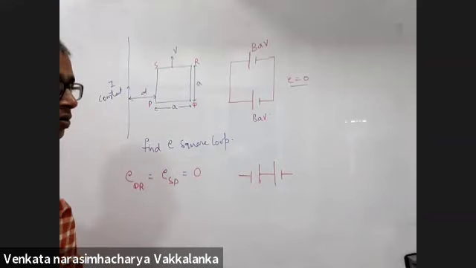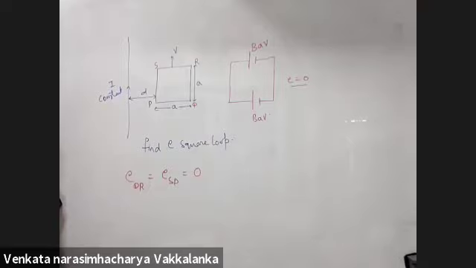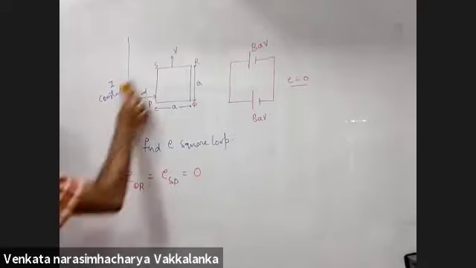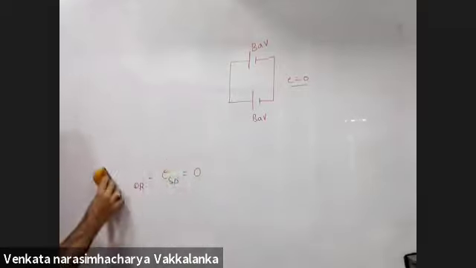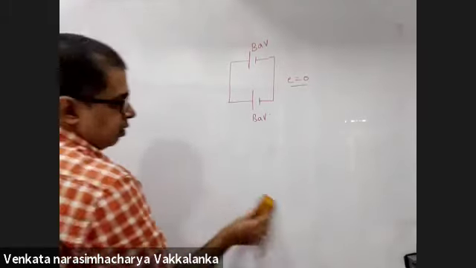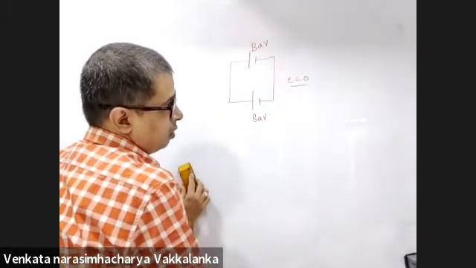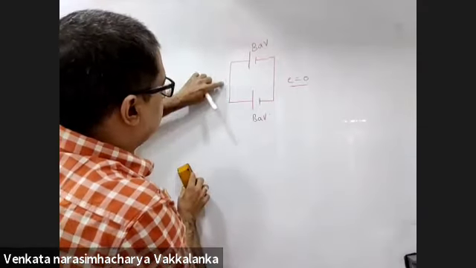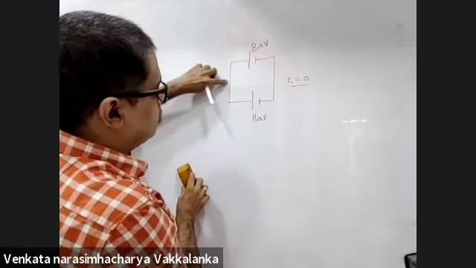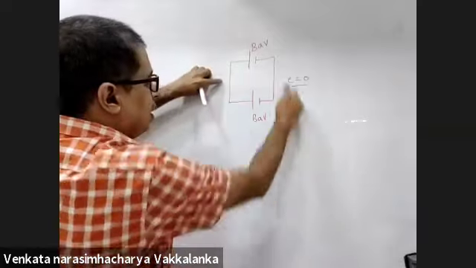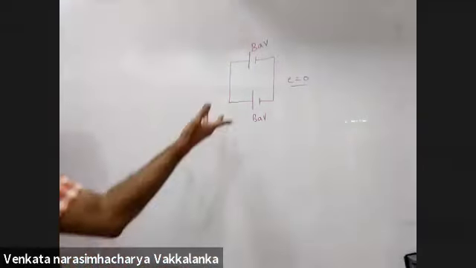Positive connected to positive. Got it. But this does not seem like two batteries in parallel. That means a resistance should be kept parallel to this. Got it. Keep a branch like this in parallel, then it will be BLV by R, BAV by R, whatever.